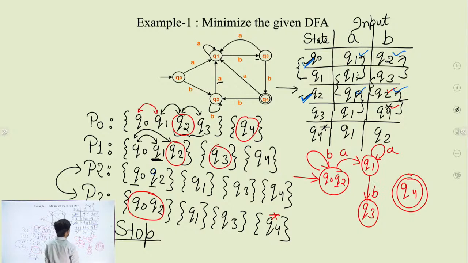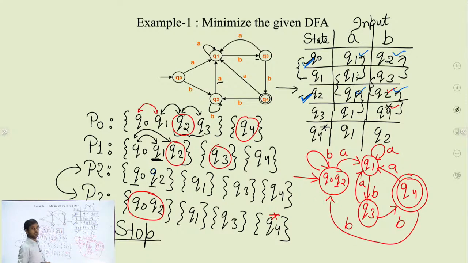Next is Q3: Q3 on A goes to Q1, and Q3 on B goes to Q4. Now see Q4: Q4 on A goes to Q1, and Q4 on B goes to Q2.